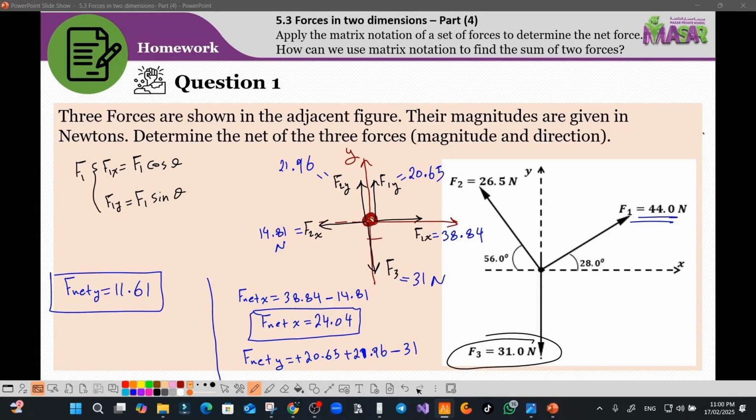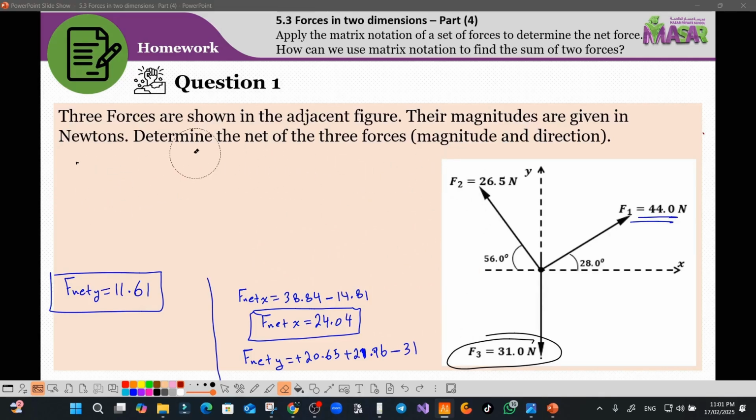Now we have everything to start calculating the magnitude of the Fnet because we have the x component as well as the y component. So let me use them to find the Fnet. Now let's write here the magnitude of the Fnet.